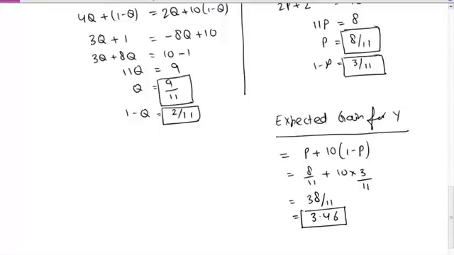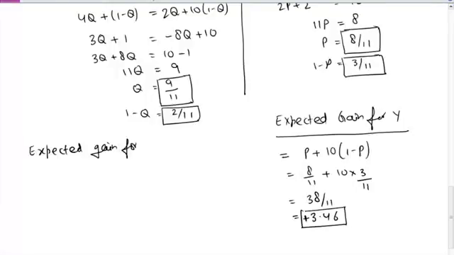Now, the expected gain for player Y is a positive number, 3.46, which in fact is a loss for player Y, because the payoff matrix is made in such a way that any positive value means a loss for player Y and a gain for player X. On average, player Y is going to lose 3.46.